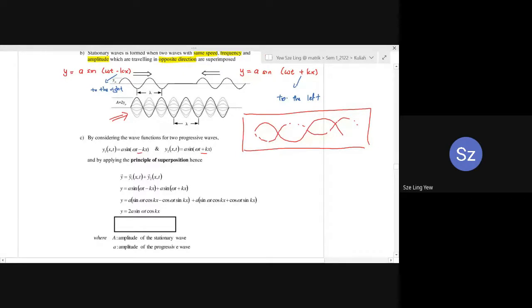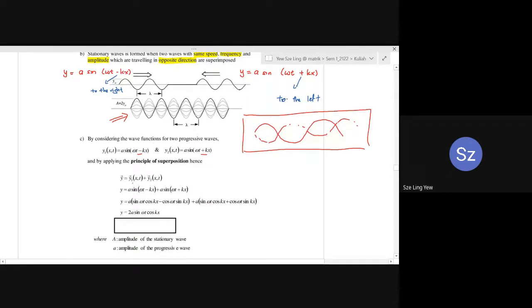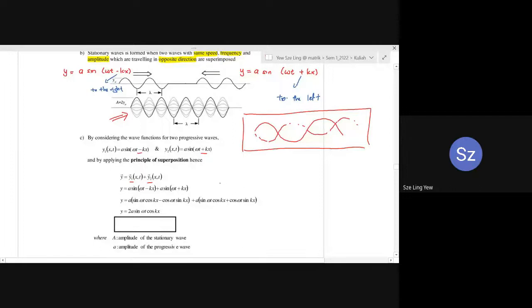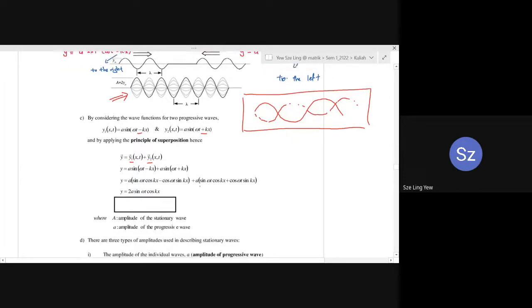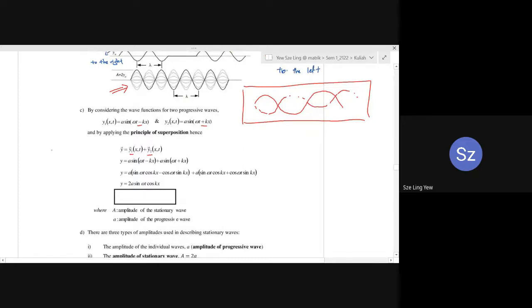According to the principle of superposition, the total displacement of the standing wave is equal to the displacement of the first wave plus the displacement of the second wave. You do the expansion of the equations, and eventually you obtain the equation y equals 2a sine omega t cos kx.